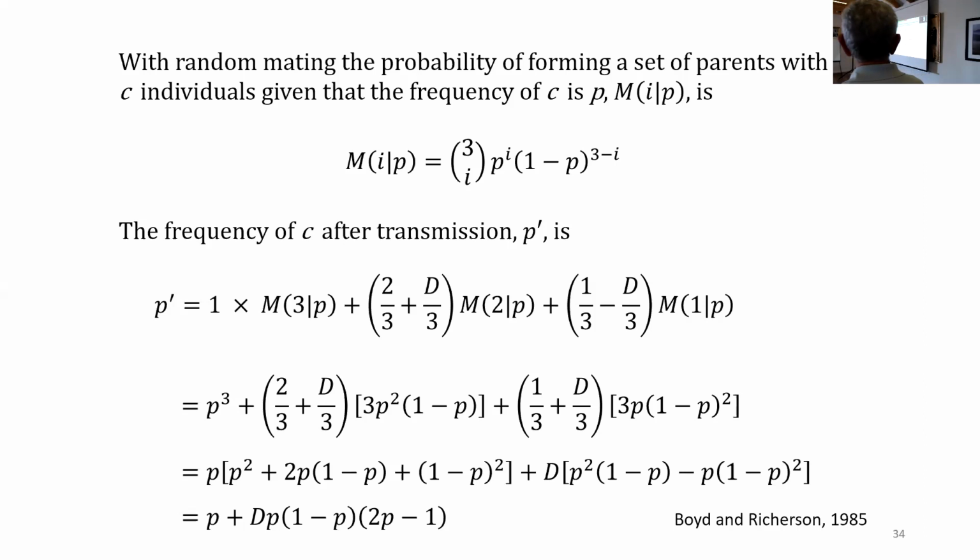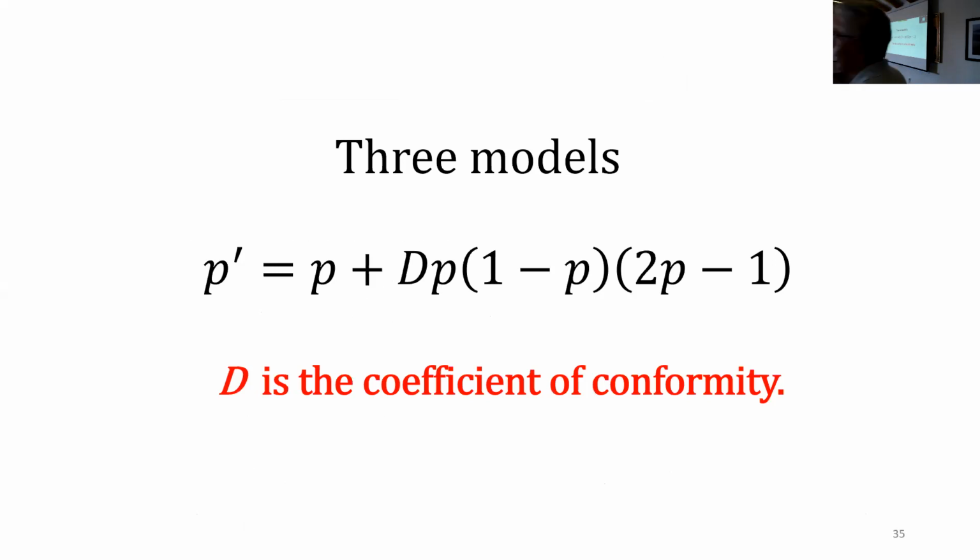So after the transmission by this matrix that we just saw, the new frequency is this, which reduces to this rather nice thing here, a very simple formula. And this is the formula that most people associate with the evolution of conformity, where you have 3 models and a dichotomous trait. So the question is, what happens to the evolution under this system?